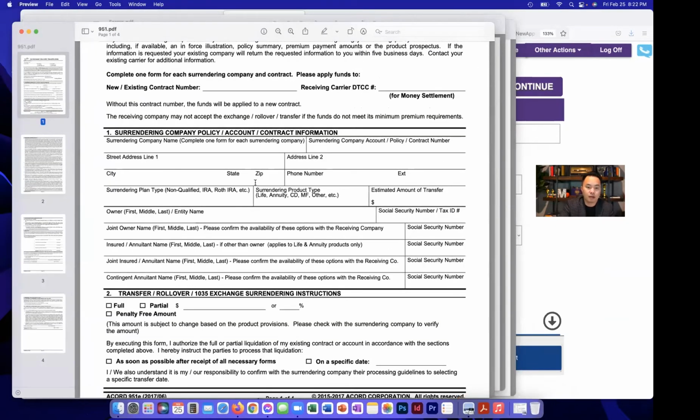On the actual application, it's this one right here. And I'm telling you, I think she's correct. Amanda's correct. A lot of people get this confused.